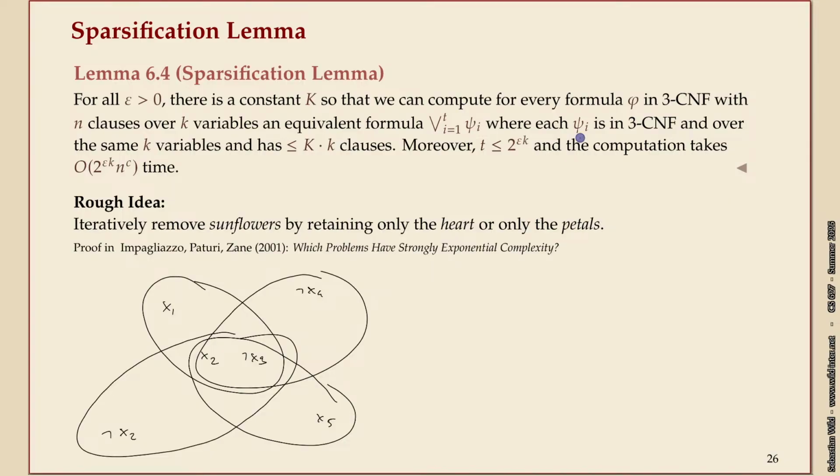And each of these formulas in the disjunction is very nice in the sense that it's small. It uses the same k variables, but a bounded number of clauses in terms of k. But we have a lot of those formulas, okay? And then the parameters are such that you can first decide for essentially how many formulas you'd like to have.